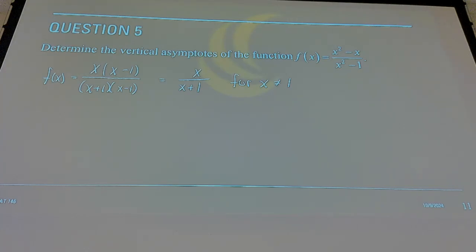Now, find the zeros of the denominator. x equals 1, x equals -1. But we can get rid of the x equals 1, right? Because you have an x minus 1 in the numerator as well. So 1 is not a vertical asymptote.